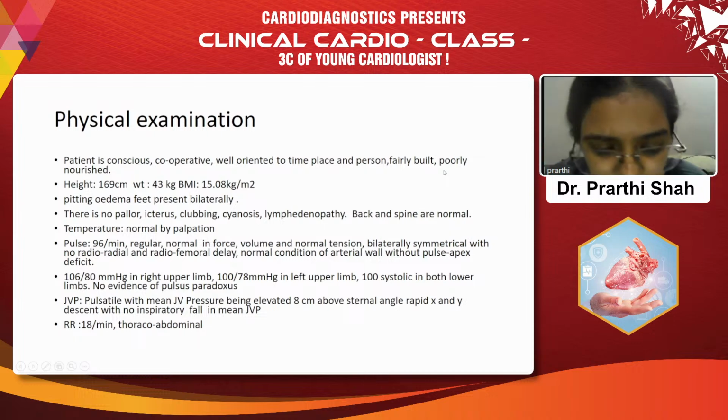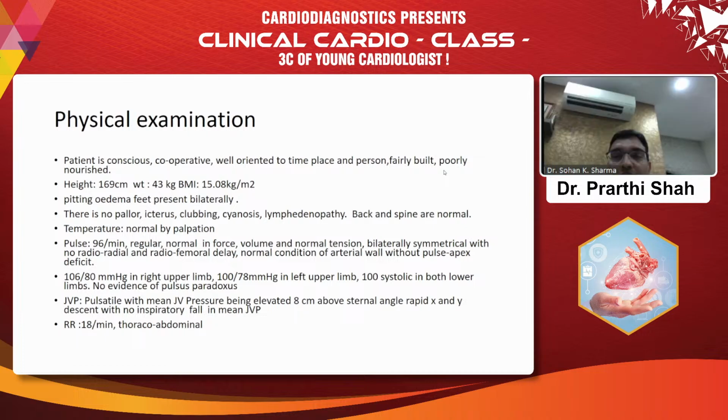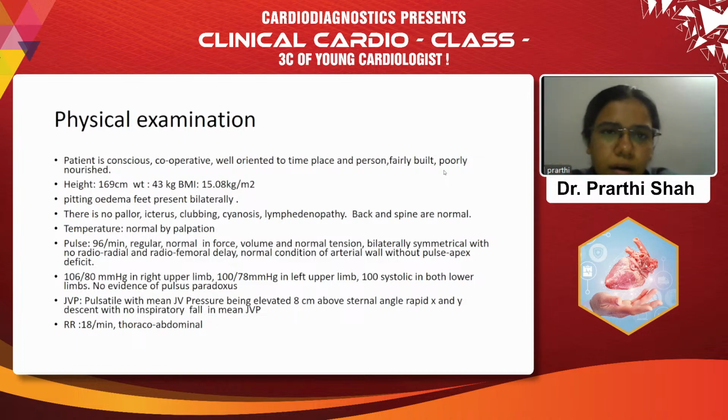Sir, in apex pulse deficit, we keep our stethoscope on the apex and simultaneously measure the pulse at the radial artery, wherein we calculate the number of dropped beats, and if it is more than 10, it is suggestive of an apex pulse deficit, sir.